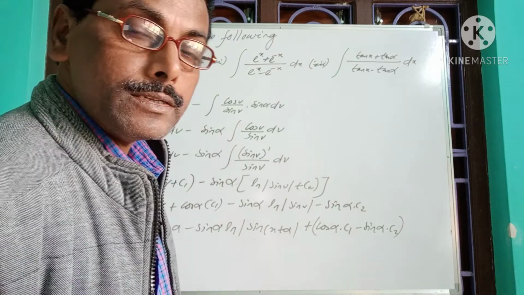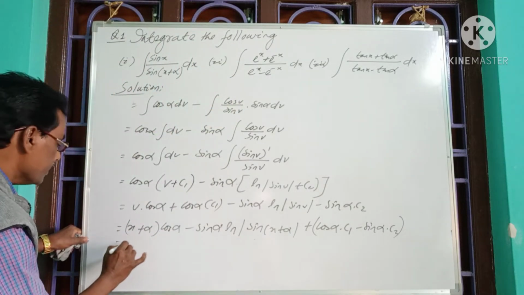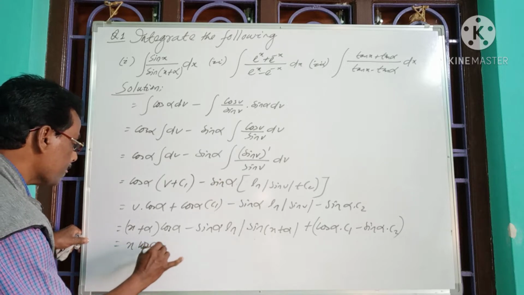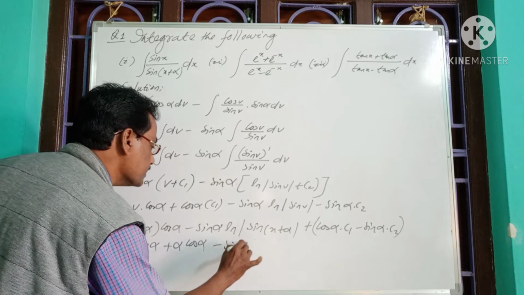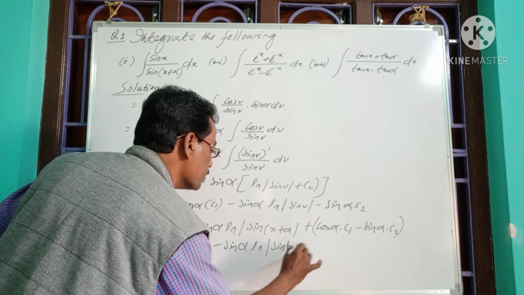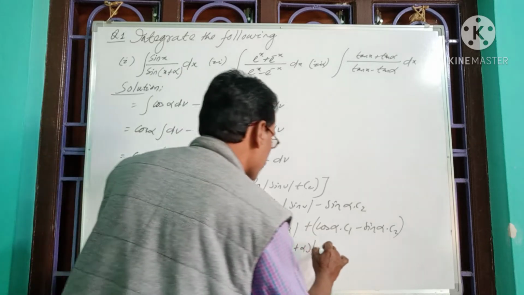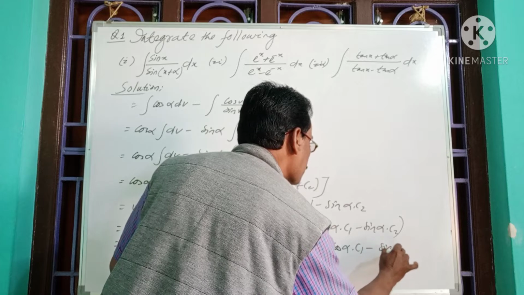Now again simplifying we have x into cos alpha plus alpha into cos alpha minus sin alpha into ln of mod sin of x plus alpha plus cos alpha into c1 minus sin alpha into c2.